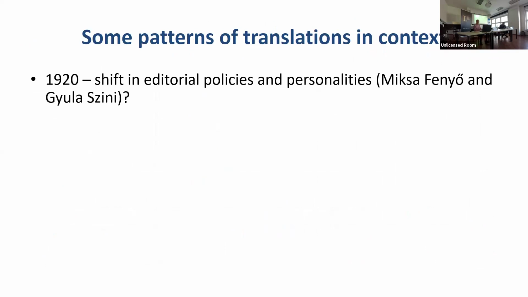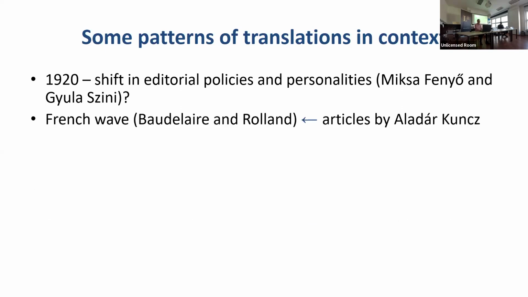Let's explain these trends, patterns of translation. The first one, the peak in 1920, might be related to the changes in the editorial board of the journal, and two new persons joined the editorial board.